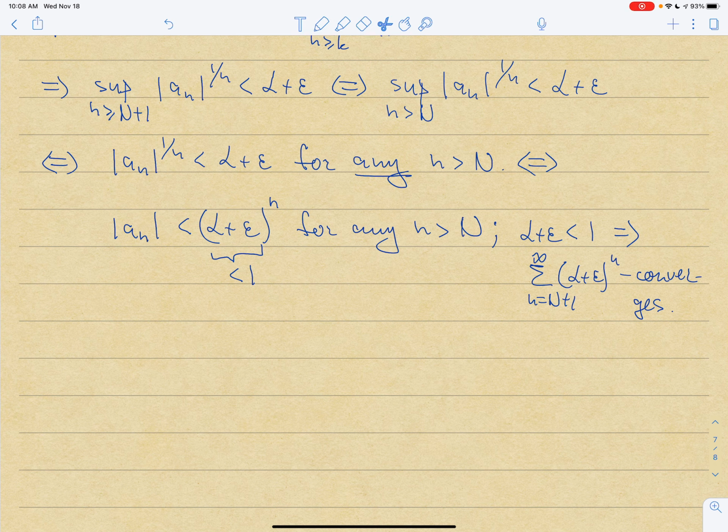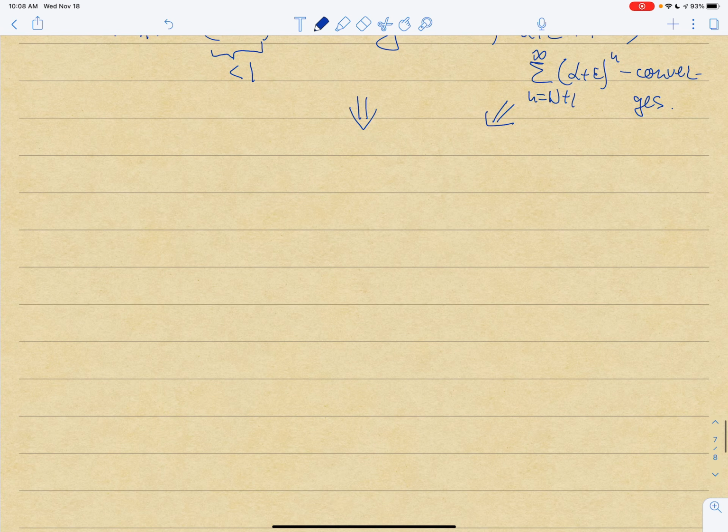Fact number one is that the series of absolute values of an's is less than the geometric series. And fact number two, because alpha plus epsilon is less than 1, if I add up the elements of a geometric series starting from capital N plus 1, then this should be convergent because it's a geometric series with a multiplier which is less than 1. Well, and then what can I conclude from these two statements? That my given series is less than a convergent geometric series.